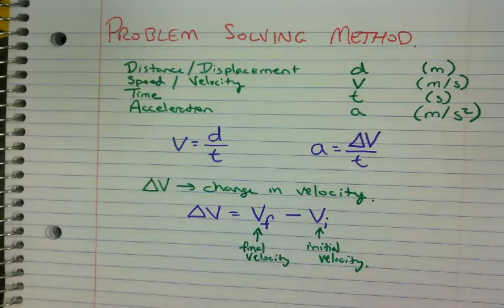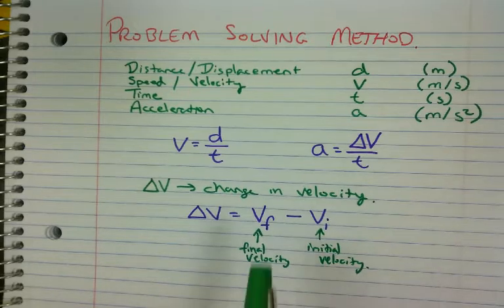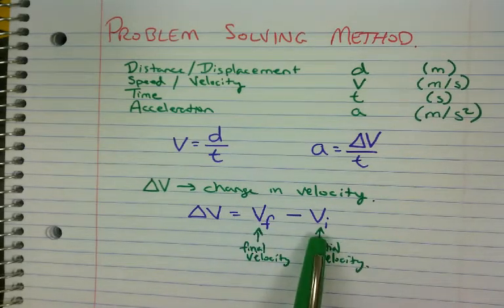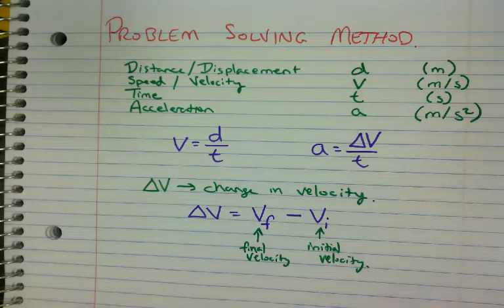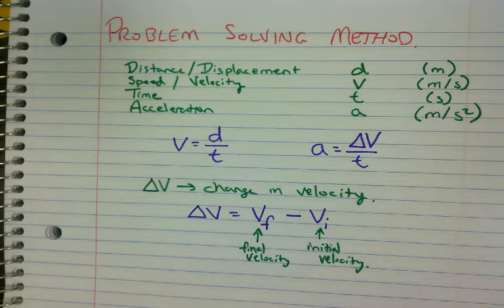Let me explain why this makes sense, right? If you went from 10 meters per second to 15 meters per second, you would take the final, which is 15, minus the initial, which is 10, which would give you a delta v of 5 meters per second. That makes sense because that's what the change was.